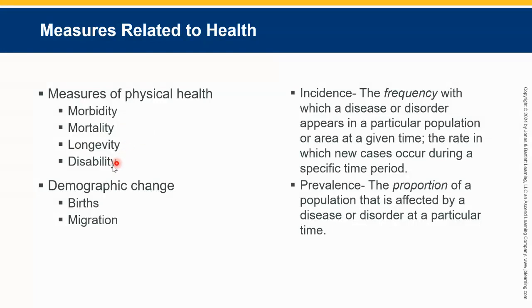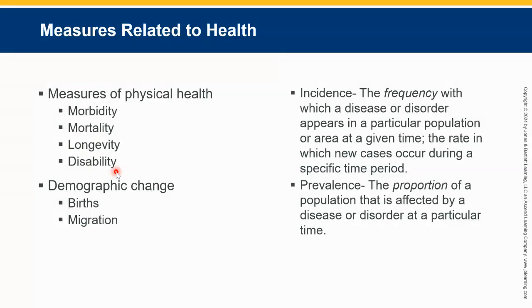The next one is disability, and disability is a disease or injury, and we need to be able to measure this disease or injury that person has, and it's measured by their activities of daily living. So it has to be determined that there is a deficit within their activities of daily living that defines if they have a disability or not.